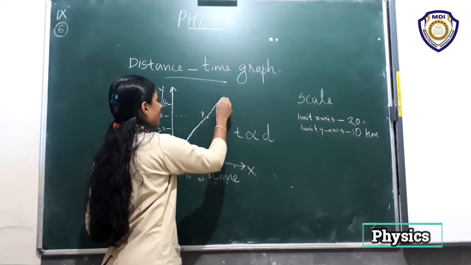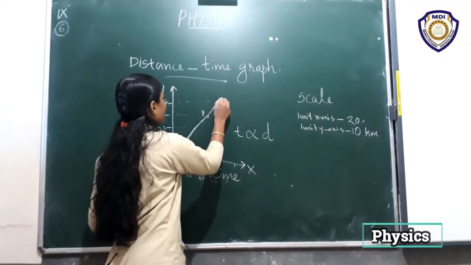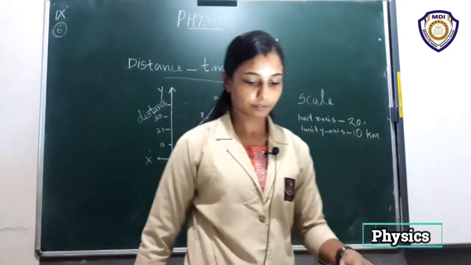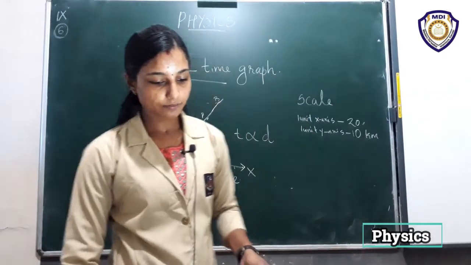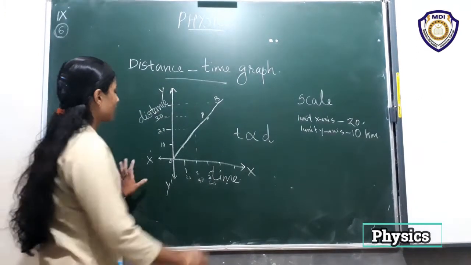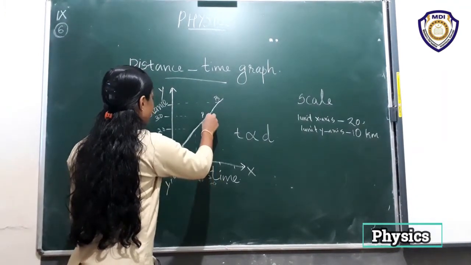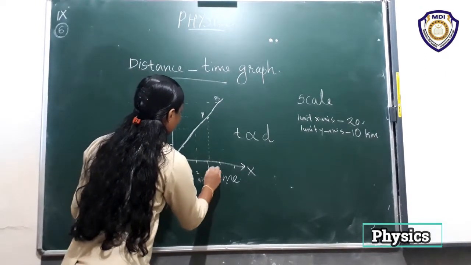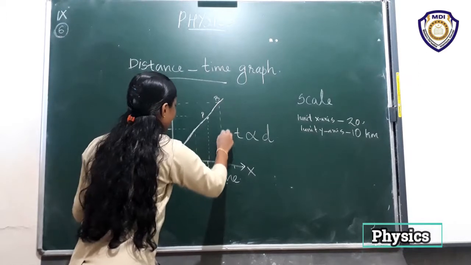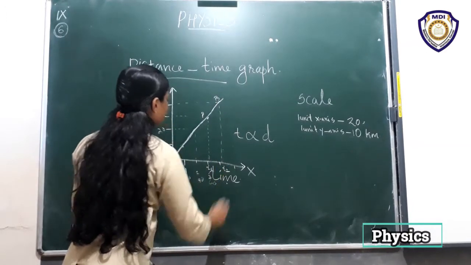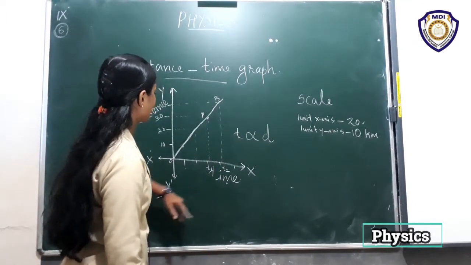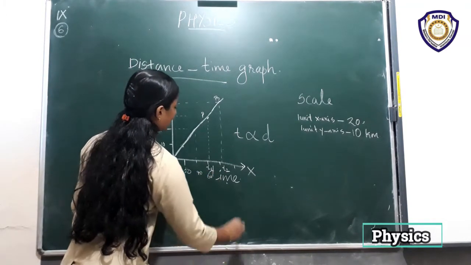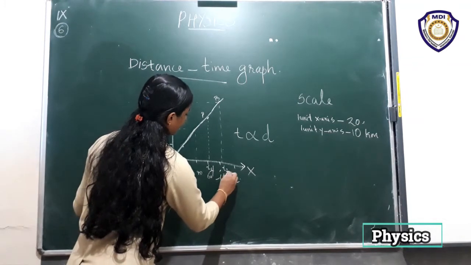Suppose this is A and this is B. These points are given, and we can read this time T1 and this time T2, right? 20, 40, 60, 80. Okay.